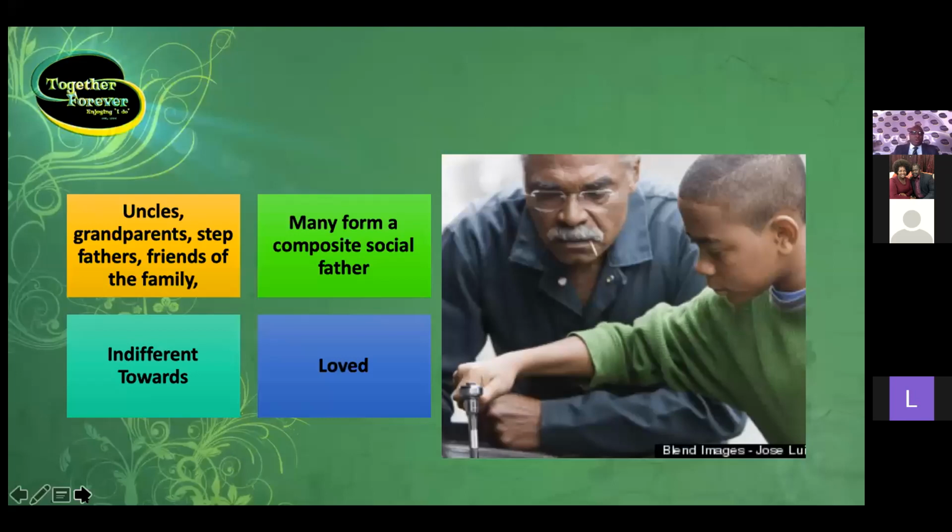And sometimes you find that they're just, well, that's my mom's friend, malume. And you're not my father, you can't tell me what to do, kind of thing. They're just indifferent. And of course, the attitude towards umntana generally disadvantages them because they miss out on an opportunity of drawing from the positives from the different social fathers.